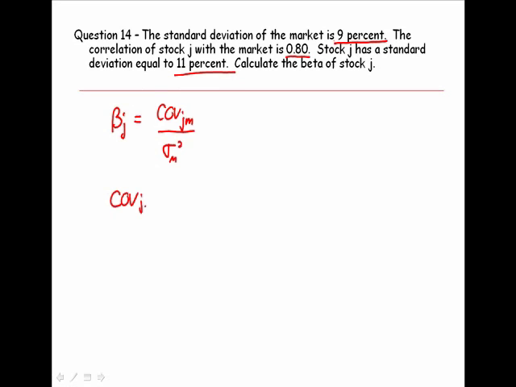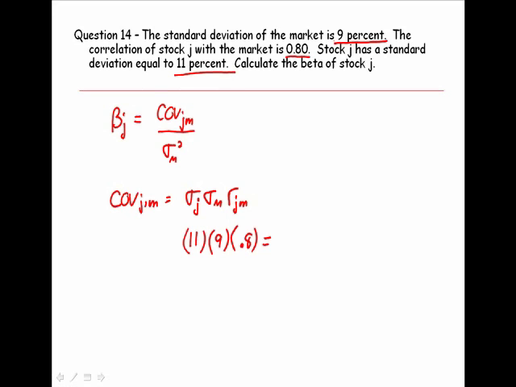The covariance is going to be equal to the standard deviation of asset J times the standard deviation of the market times the correlation between asset J and the market. The standard deviation of asset J is 11%. The standard deviation of the market was given as 9%, and the correlation between these two assets is 0.8.